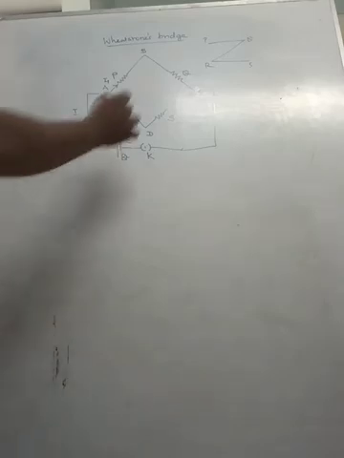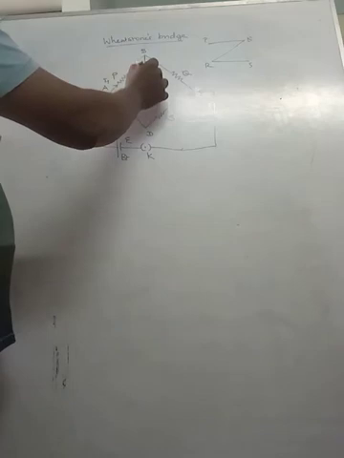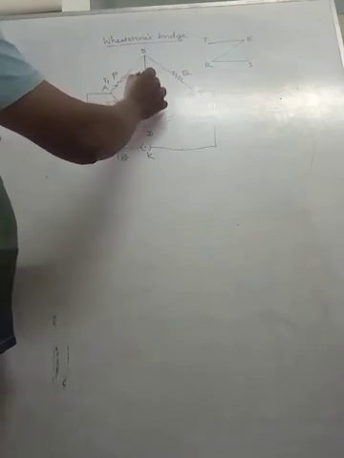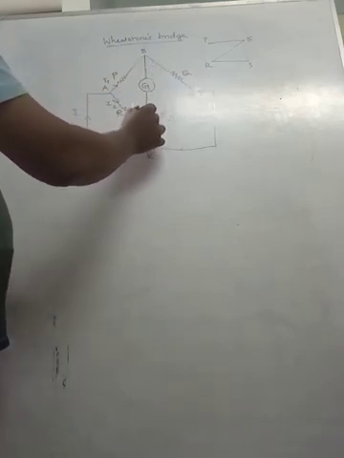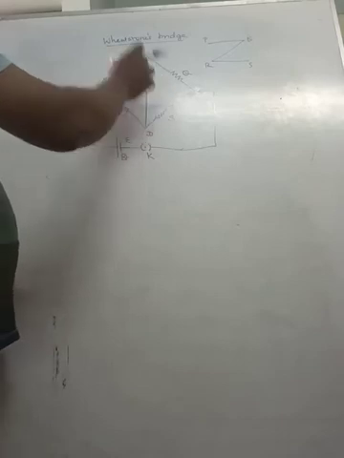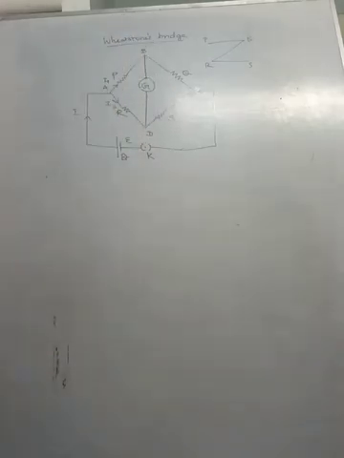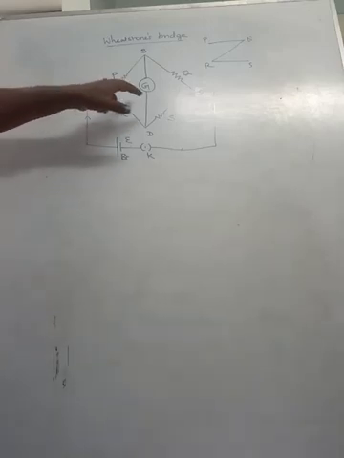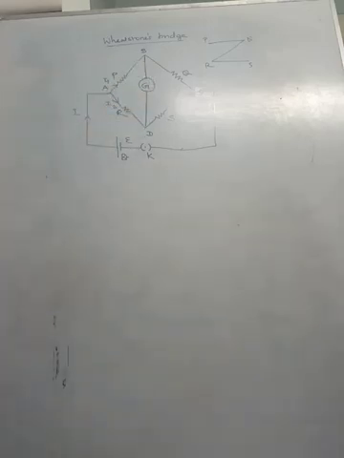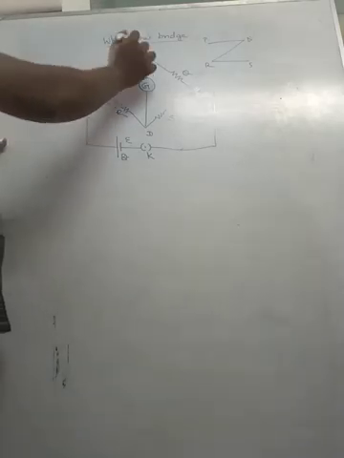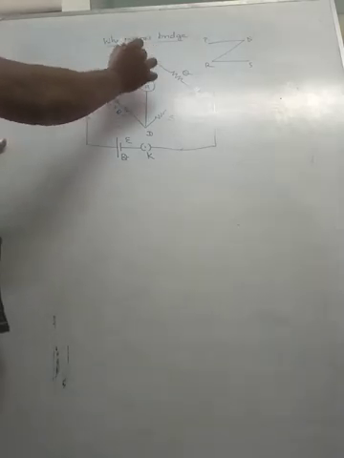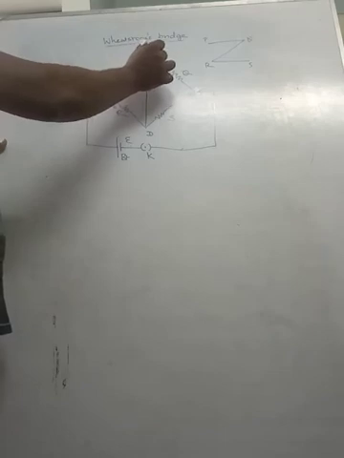Across the terminal BC there is a galvanometer connected. Assume that G is the resistance of the galvanometer. Now the current I1 reaches the point B. After that it is again divided into two.